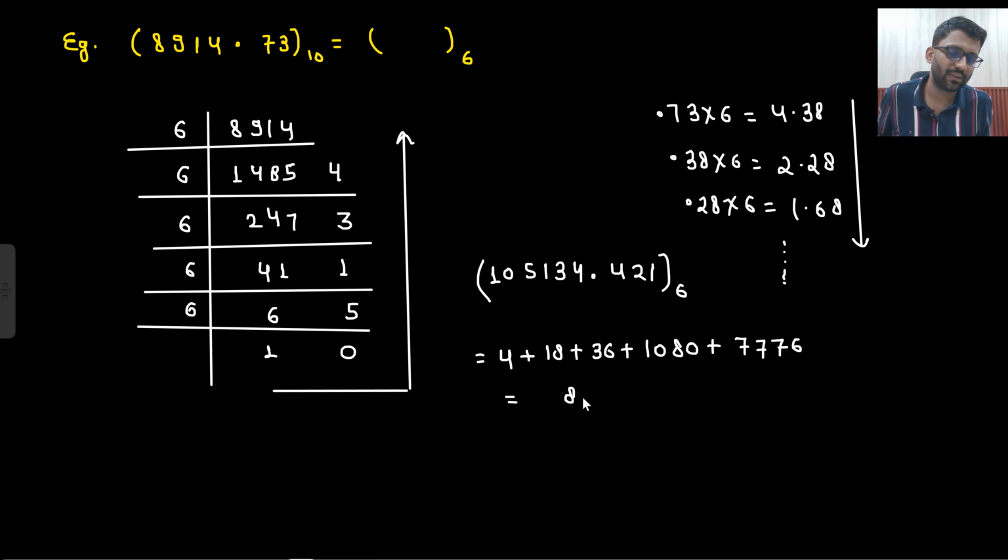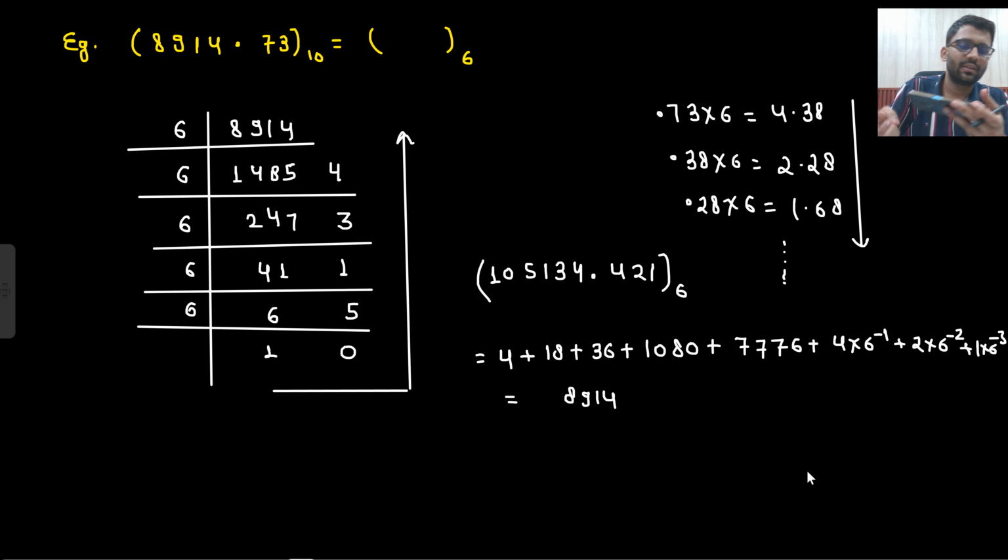So this calculation is giving you 8194. Plus you can do 4 into 6 to the power minus 1 plus 2 into 6 to the power minus 2 plus 1 into 6 to the power minus 3. So what would that be? 4 by 6 plus 2 by 36, that would be 1 by 18.